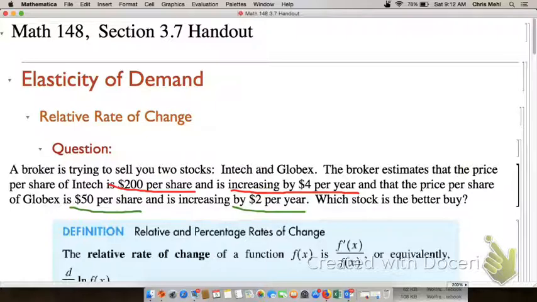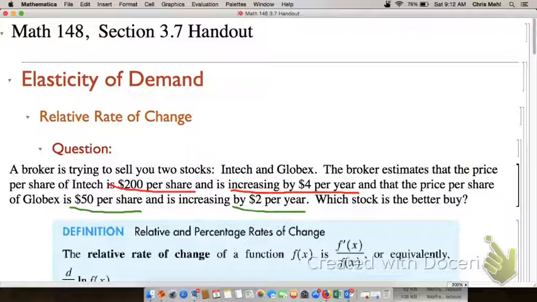Now, just by thinking about the fact that Intech is $200 per share and increases by $4 per year, well, think about Globex at $50 a share. If you buy 4 of those, you'd be able to buy 4 shares of Globex for the price of 1 share of Intech.